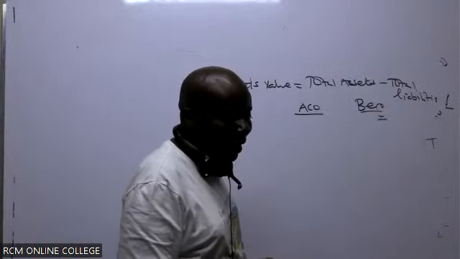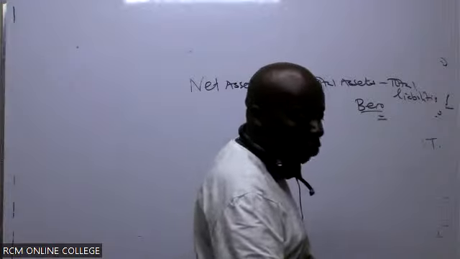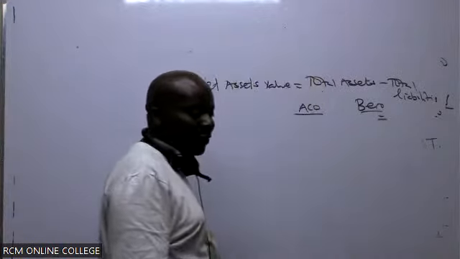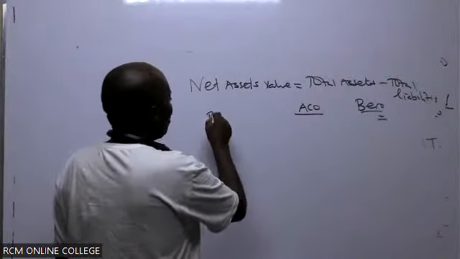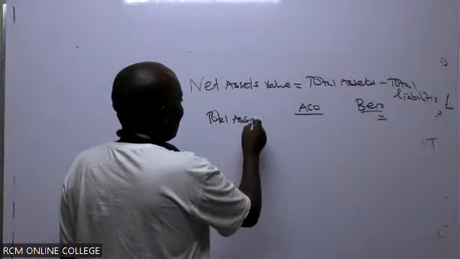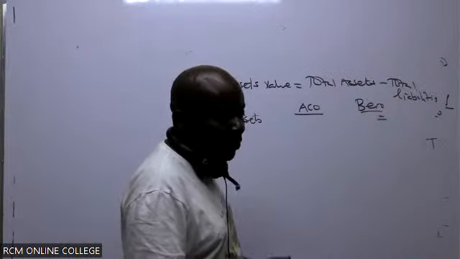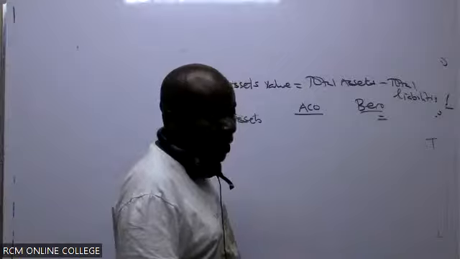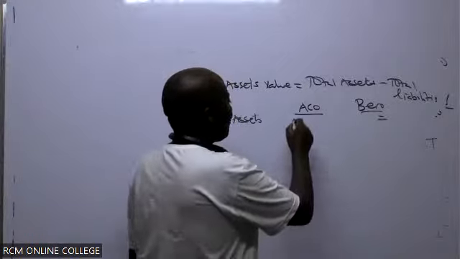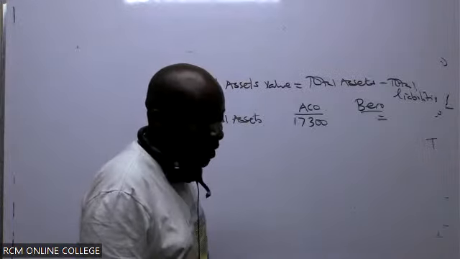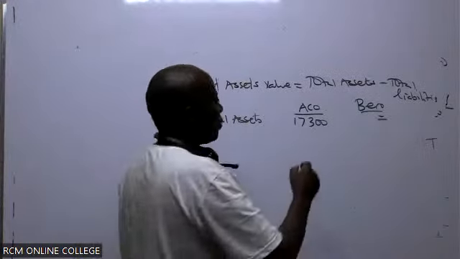These guys have given us total assets. You can see ACO down there where we have non-current and net current assets: ACO is 17,300, and Bero is 6,100.